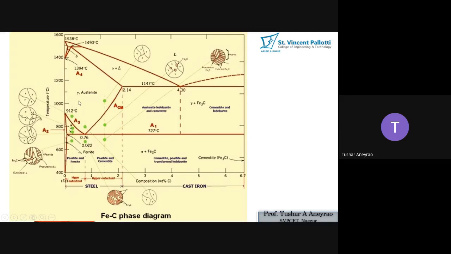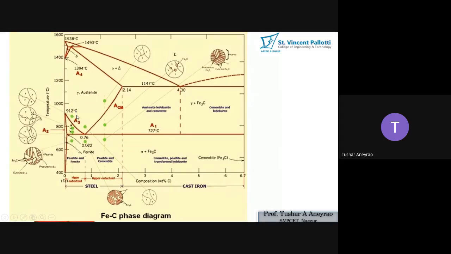Usually we go up to 900 or 912 degrees, because there all the phases of the steel are getting converted into austenite. If we go beyond that also, there will be austenite only, or a mixture of austenite plus liquid after 1147 degrees centigrade. But no need to go beyond 900 degrees centigrade.